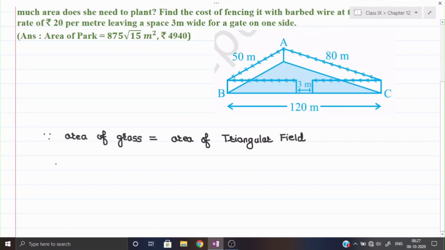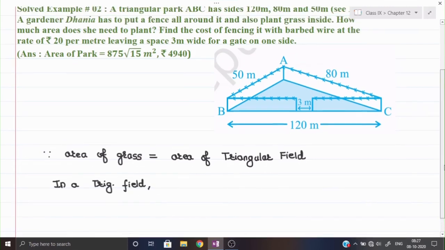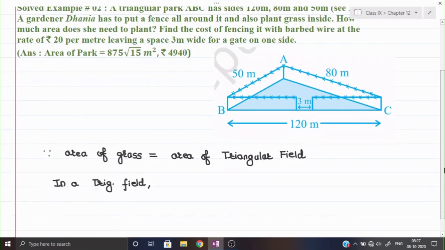Now we can say that in a triangular field, what are the given dimensions, that we will find out. So given dimensions are 120, 80 and 50 meter.